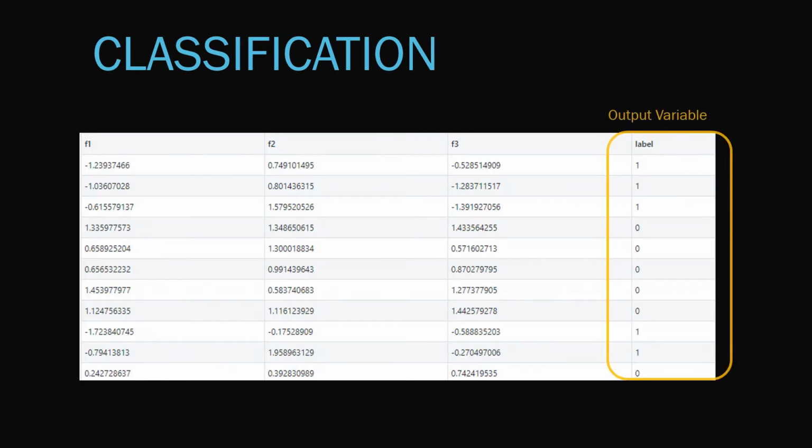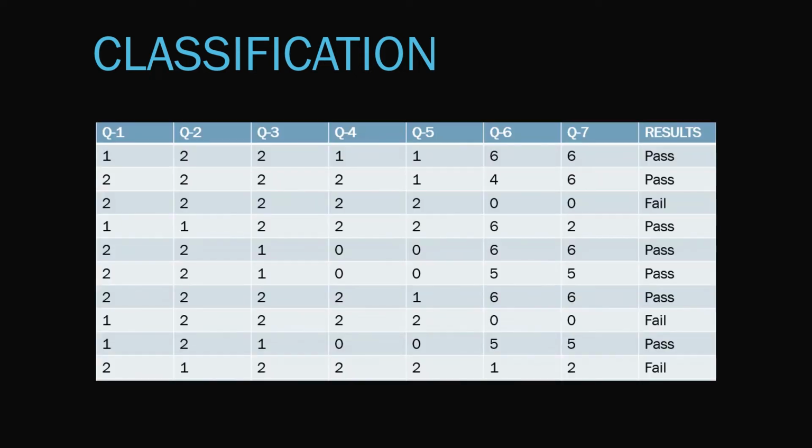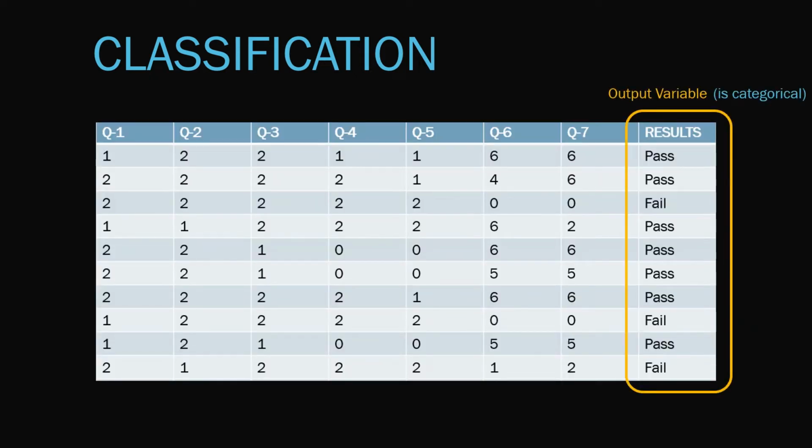If the output variable is discrete or categorical, like a yes or no, or 0 or 1, or pass or fail, or colors like green, blue, orange, red, or animals like cat, dog, pig, where no middle values are possible, as you can yourself think that there is nothing between a cat or a dog that is possible. So, that is a classification problem.